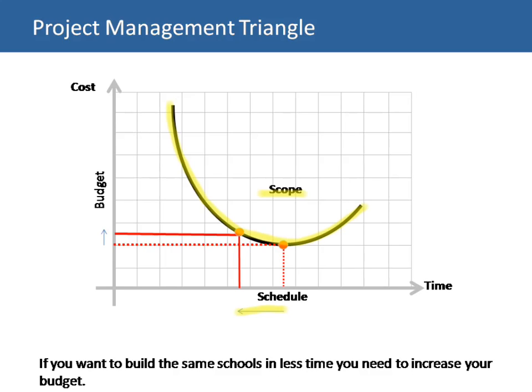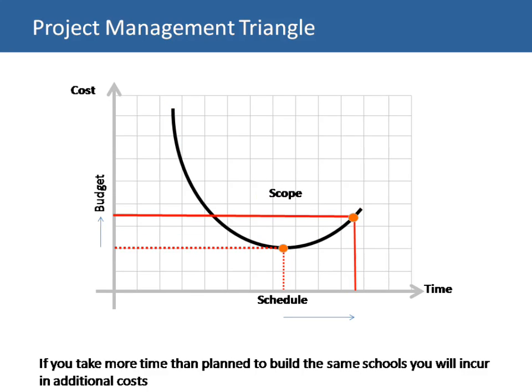If I want to build the same amount of schools, the same scope, in less time, I need to increase my budget, because I need to buy more tools, and hire more people and resources in order to do the same thing in less time. So here again, we see how the impact of changes in the schedule will have an impact on my budget. Let's look now at another example.